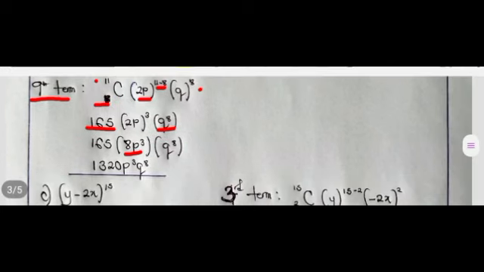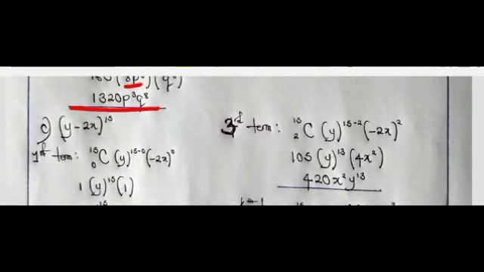So you have 165 multiplied by 2p raised to the power 3, which is 8p to the power 3. In this case, you're just going to multiply 165 by 8, which gives you 1320 p to the power 3 and q to the power 8. As simple as that.